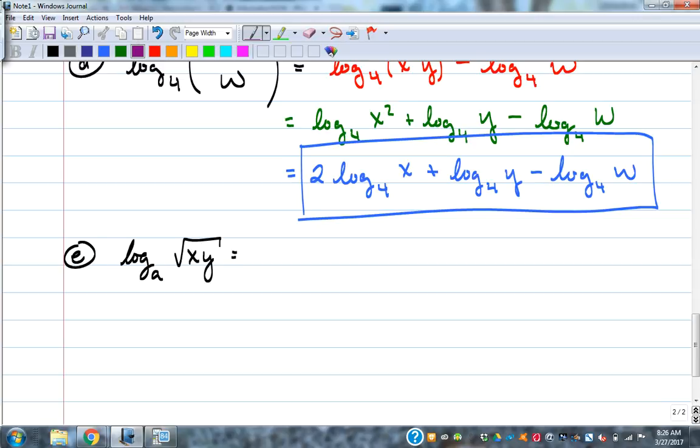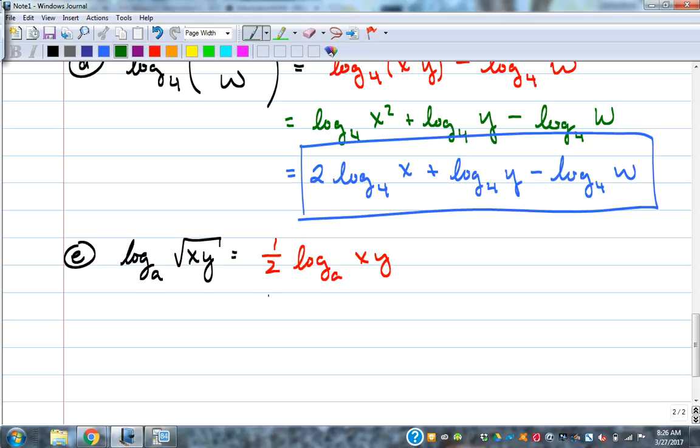I'm not necessarily sure that that's the easiest way to do it. So I like what Jared is saying here. We take the 1/2 power out in the front and then have log base A of xy left. And then we can take that part and make it addition.